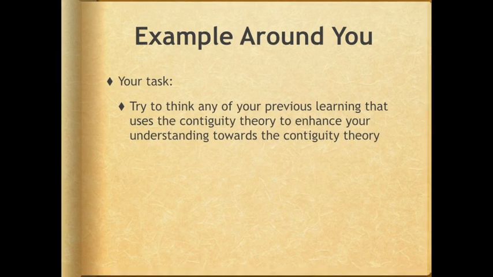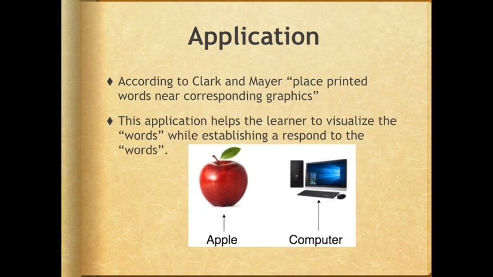So now you have understood the contiguity theory, let's see how we can apply it into learning design. According to Clark and Mayer, the designer needs to place printed words near corresponding graphics in order to apply the law of contiguity into the learning design. This application helps the learner to visualize the word while establishing a response to the words.